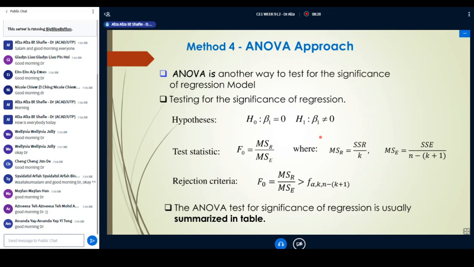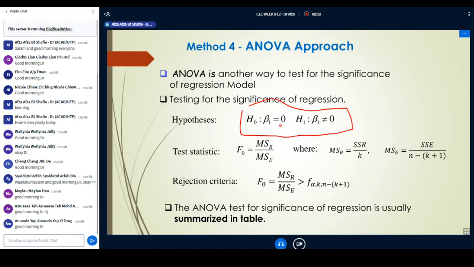In the last one-way ANOVA, we were looking at the hypothesis where we are looking at the mean, whether they are equal or not, and whether one of them is not equal. But in the case of regression, we're not looking at the mean. Our interest is always to see whether the linear relationship is possible or not. So that means always looking at the hypothesis of beta 1 equal to 0 and beta 1 not equal to 0.